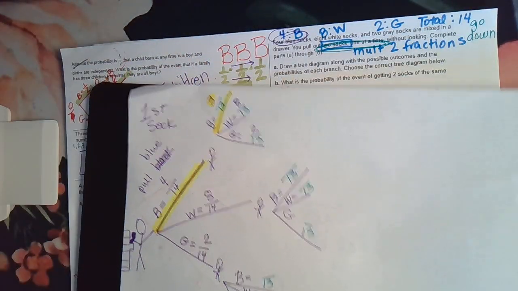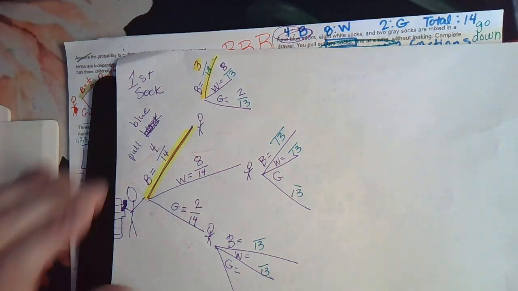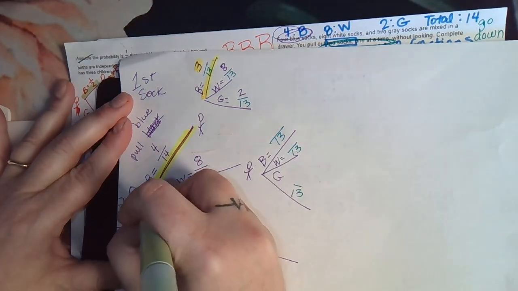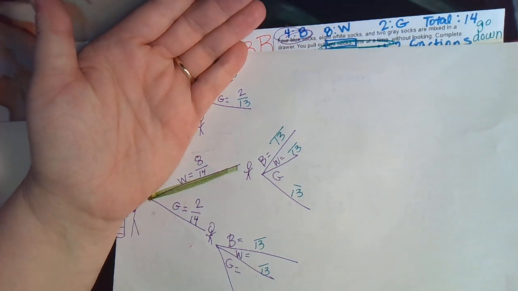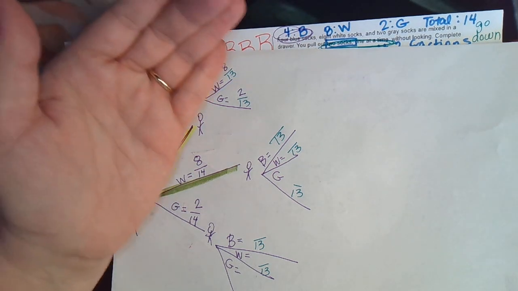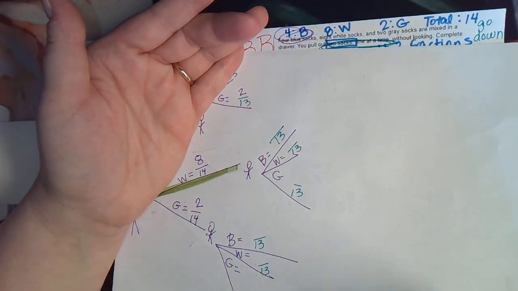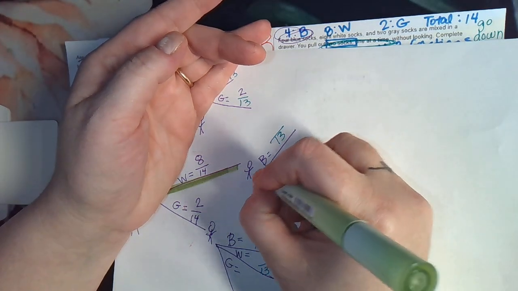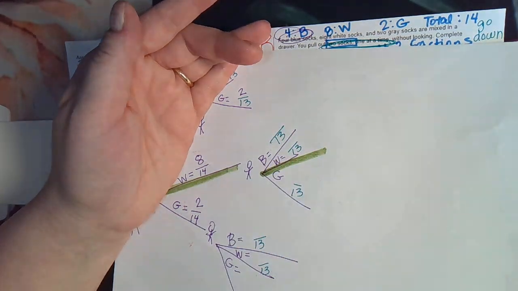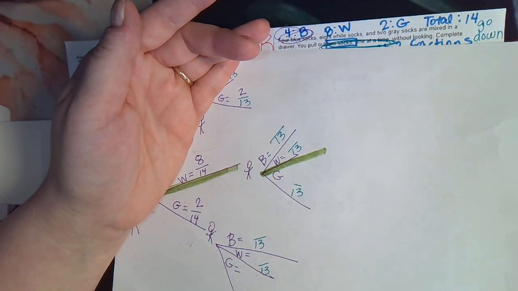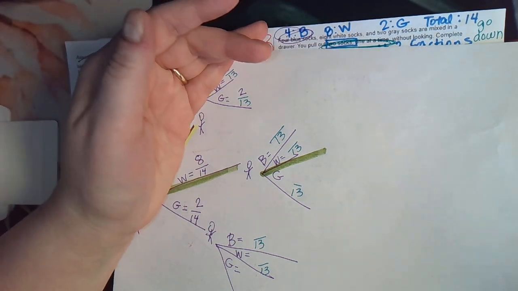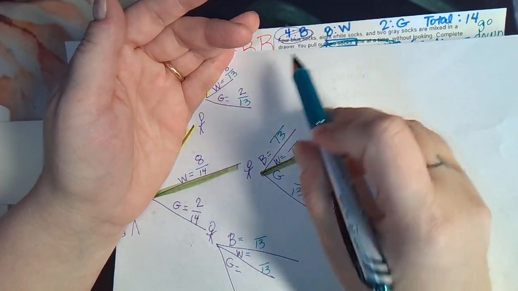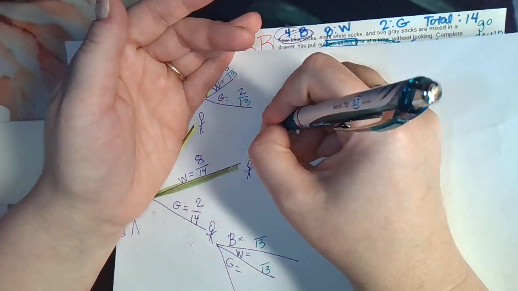Okay, let's look at our next path. Our next path says on the first try we pull a white. Well, if you pull a white, that means the only top that's going to change is the white path. Everything else will go back to the original. So our blue is back at the original 4.